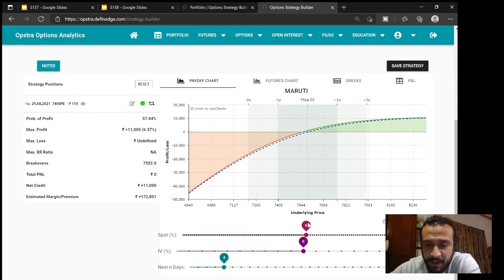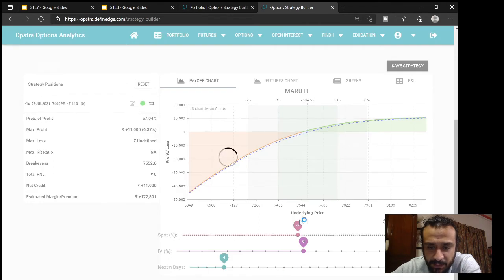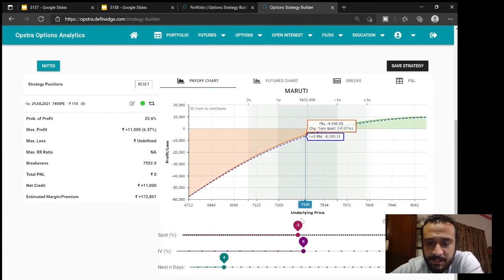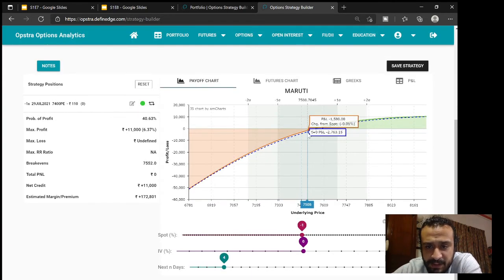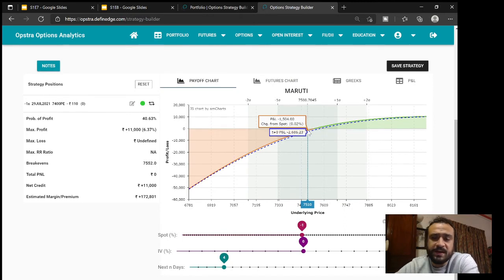However, if Maruti falls even 1%, 2%, let me choose 1%, and let it compute. If it falls 1%, it will show you a loss of about 1500 rupees, right?